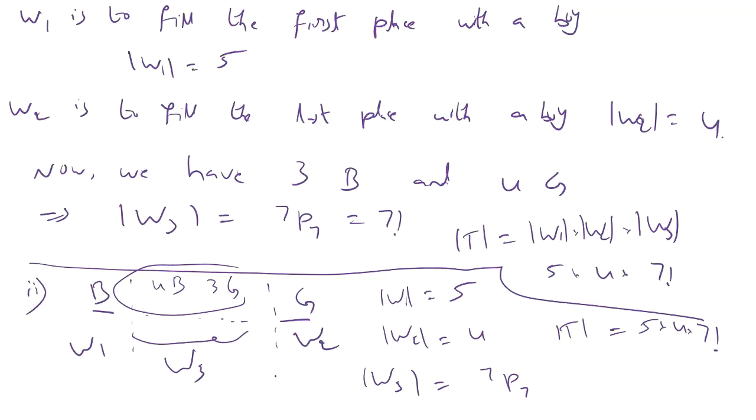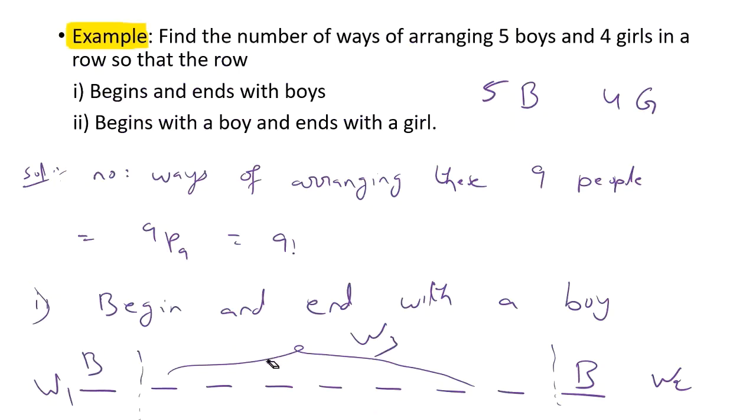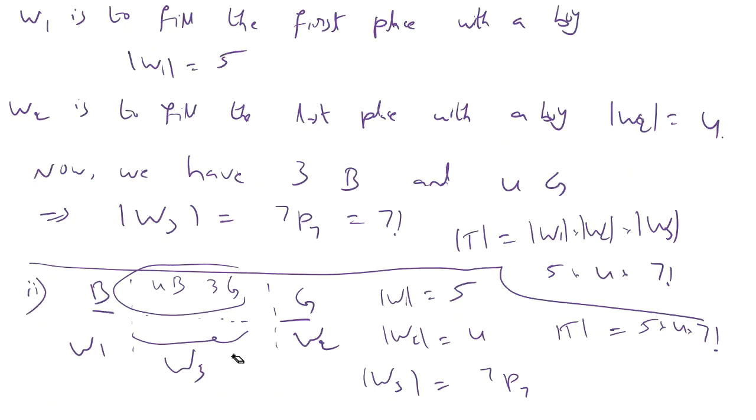So first you have to impose the conditions. After imposing the conditions, we are free to choose. So here the conditions are imposed on only W1 and W2. W3 we can choose anything. So similarly here also the constraints are there on W1 and W2, and there are no constraints on W3.